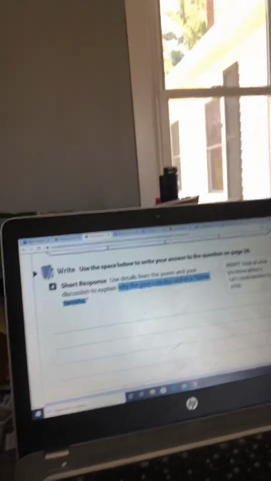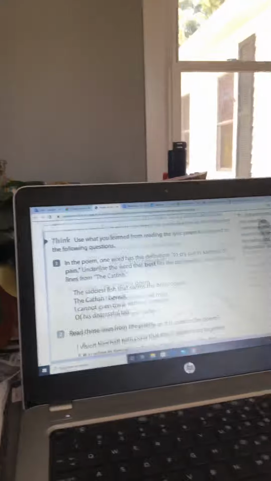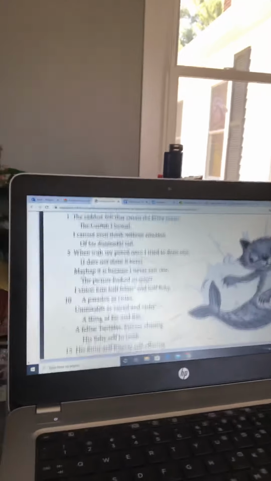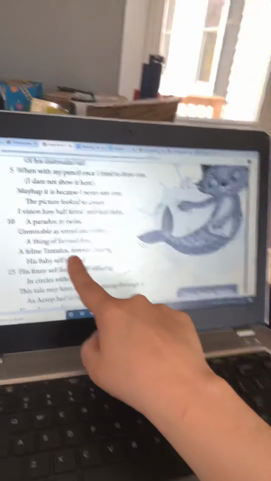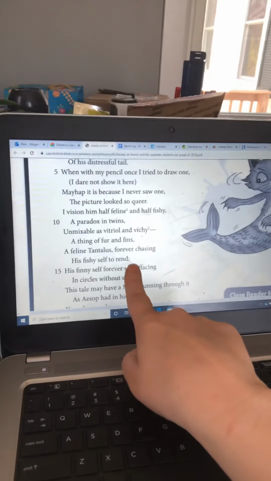So we restated it, answered. We need to cite. Okay, so we'll say lines 13 and 14 say, he's forever chasing his fishy self to rend. Okay, so that's citing it. I just quoted the poem so you can copy it down from the poem.